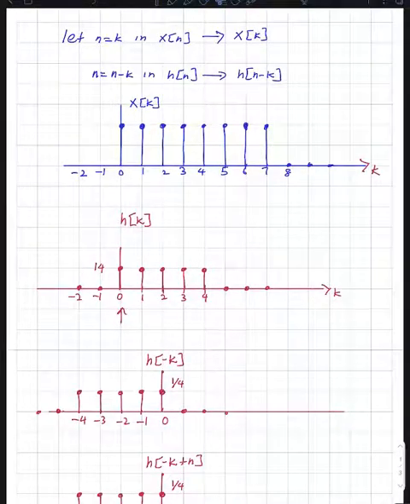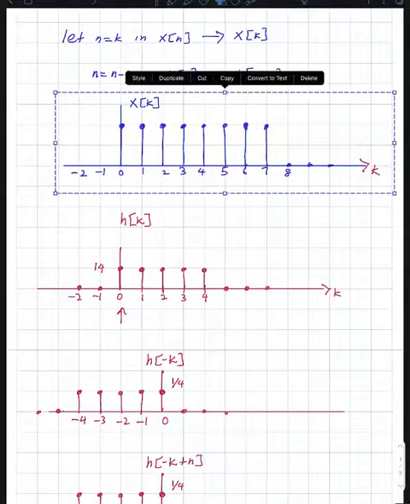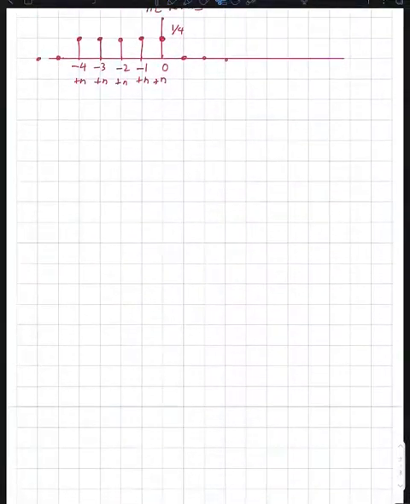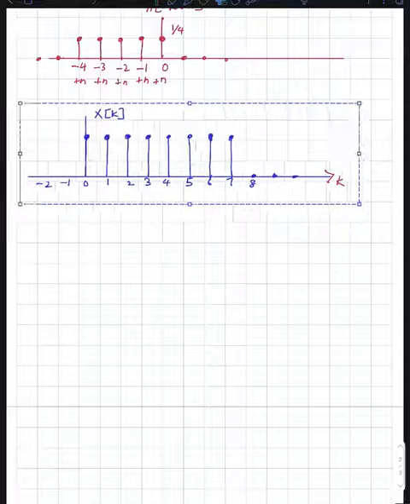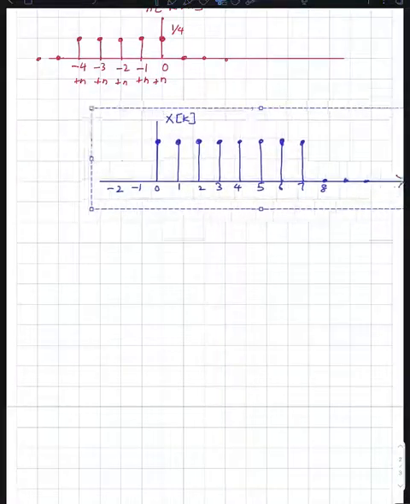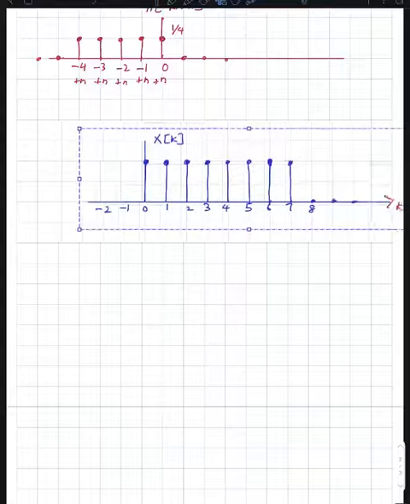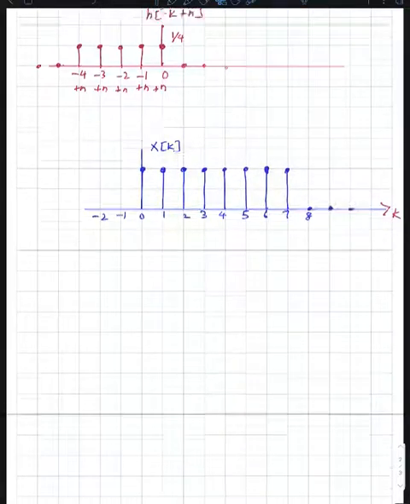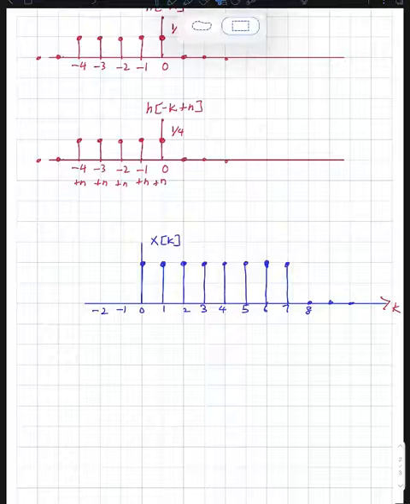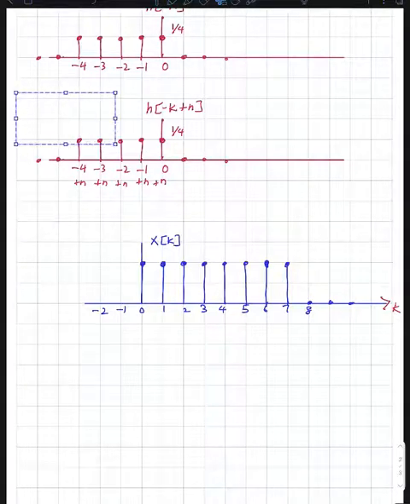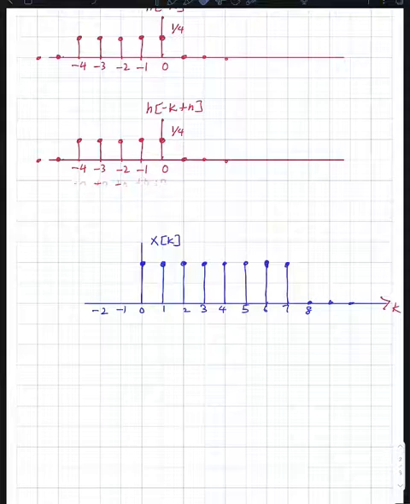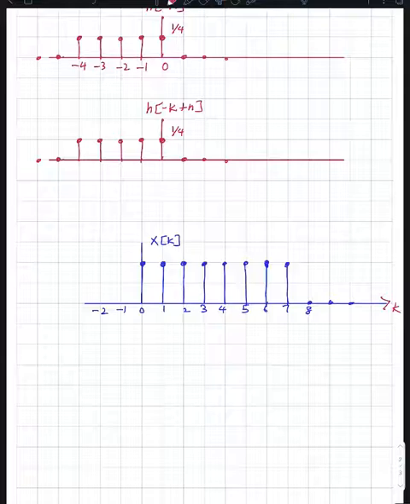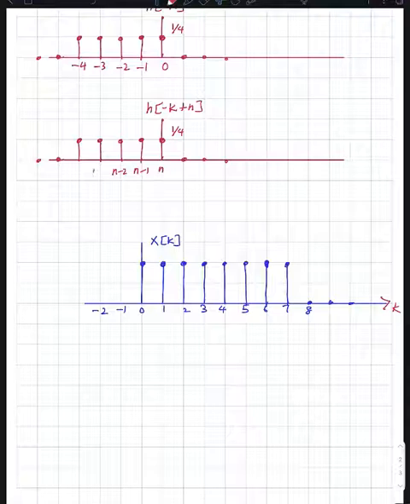So next what we're going to do is multiply x[k] by h[minus k plus n]. In this case, this is going to be n minus 1, n minus 2, n minus 3, n minus 4.